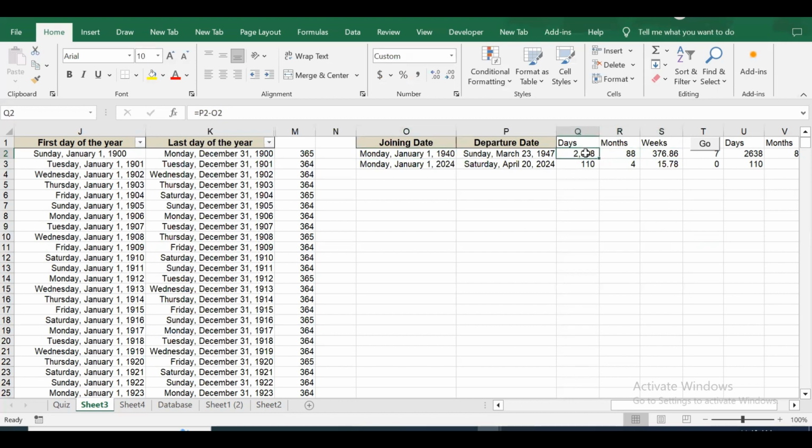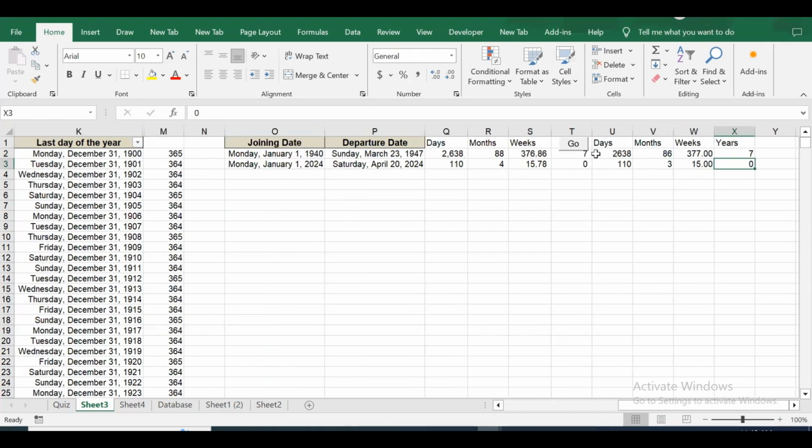Whereas when you calculate by some formula, for example dividing by 30, it comes with some fractions, like 376.86 weeks, or 15.78 weeks. When you click the Go button, which executes the VBA, it keeps ignoring the fractions.